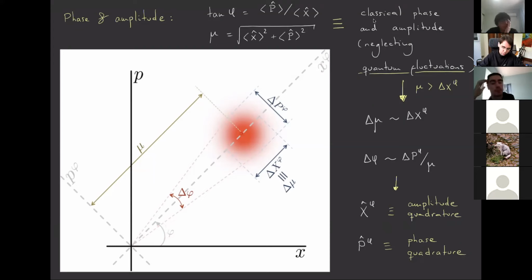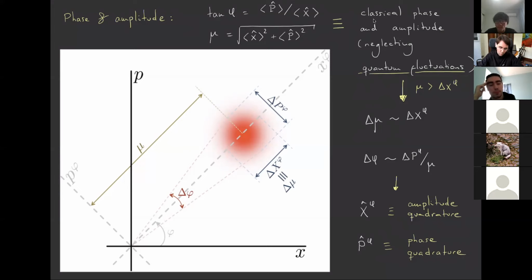And these two things, so this amplitude and this phase, are precisely the amplitude and phase that we would measure in an experiment, so classical or quantum experiment, for the average, let's say, of the amplitude and phase as we expect.